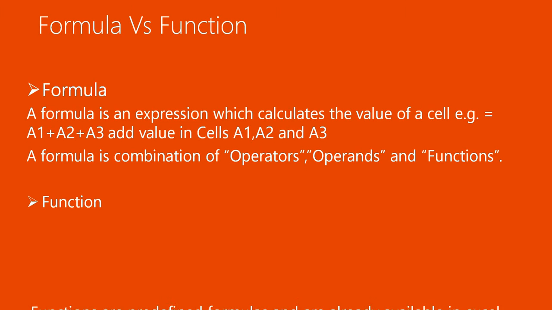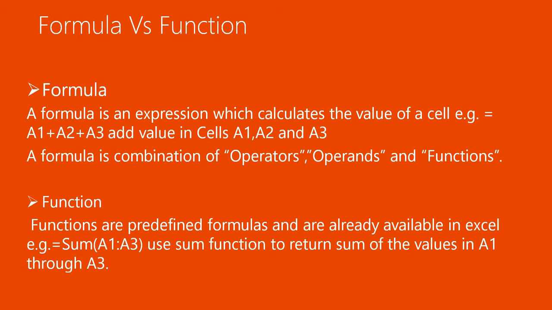And a function is a predefined formula that is already available in Excel. Example: SUM is predefined in Excel. So we write SUM and start the bracket A1 to A3. Use the SUM function to return the sum of values in A1 through A3.